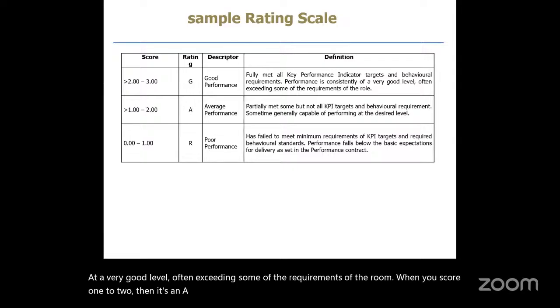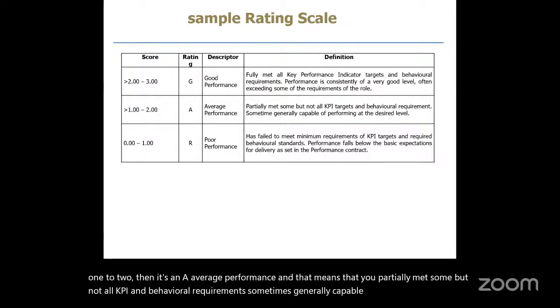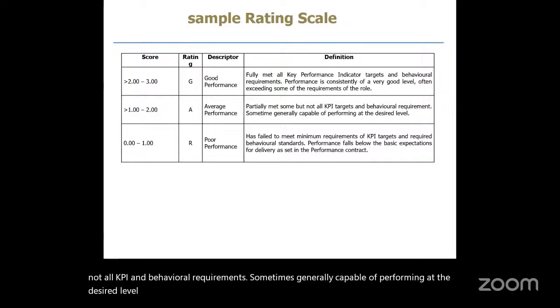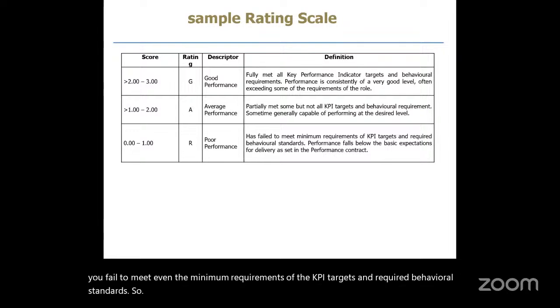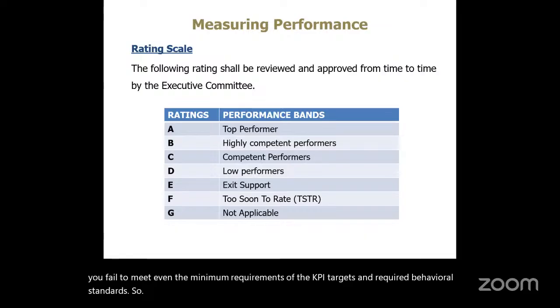That means that you partially met some, but not all, KPI targets and behavioral requirements, and are sometimes capable of performing at the desired level. On this rating scale, the poor performance is R, and that's 1. It means that you fail to meet even the minimum requirements of the KPI targets and required behavioral standards. So that is a sample rating scale.